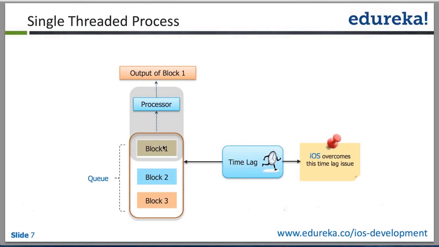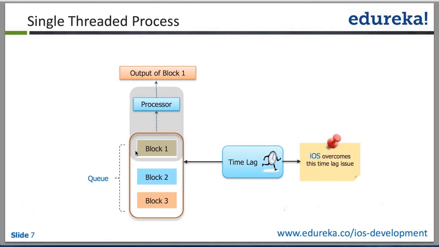So here we get a time lag before each one is run. If you see this picture, block 1 is going to run first. While block 1 is running, there is a time lag before block 2 is executed.